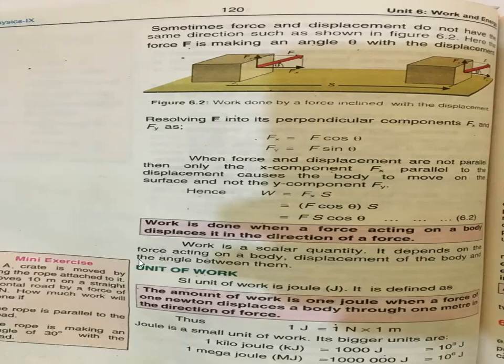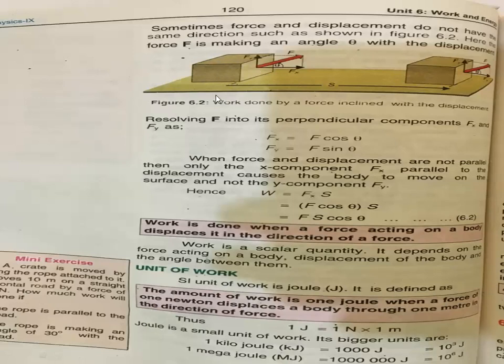Again, the SI unit of work is joule. It is defined as: the amount of work is 1 joule when a force of 1 Newton displaces the body through 1 meter in the direction of the force. Suppose I apply the force F, which is 1 Newton, on this body, and it displaces the body in this direction by 1 meter in the direction of the force, then the work is said to be 1 joule.